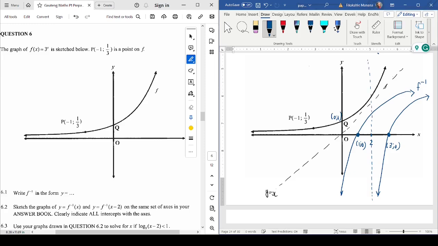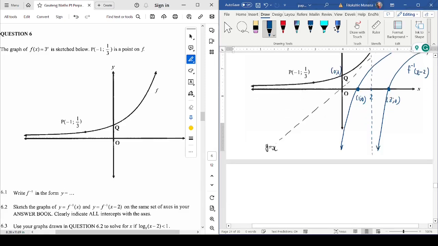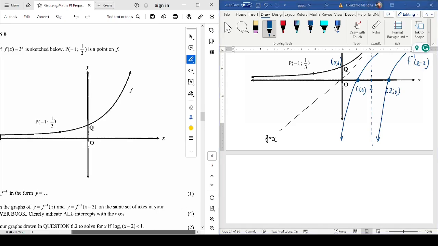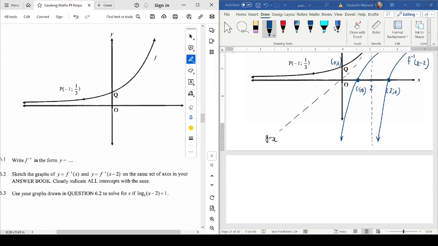Okay, you don't have to put the asymptote. This is just for information purposes. All right, so now this is the inverse where x has been shifted 2 units to the right. So there you would have your 4 marks.